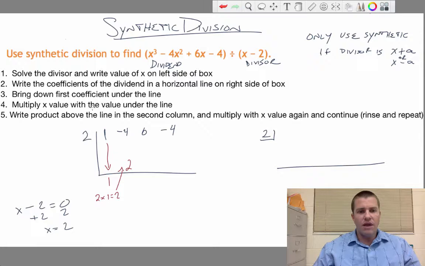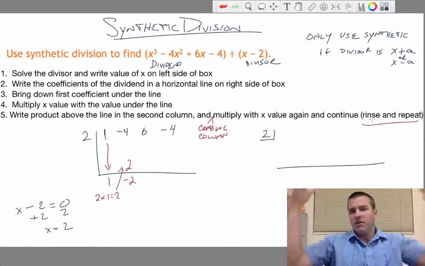So you write that product above the line in the second column and then combine the columns, meaning add these two together. -4 plus 2 becomes -2. And then multiply with the x value again and continue.